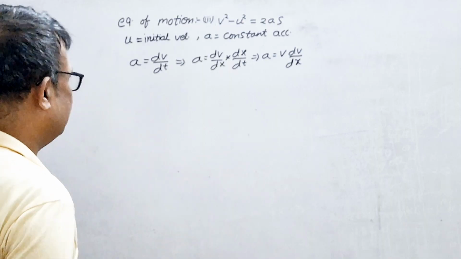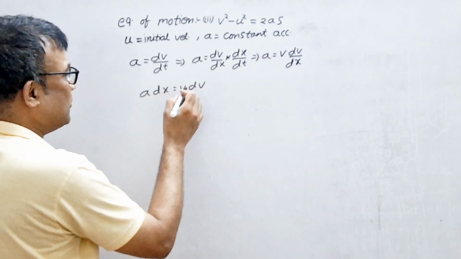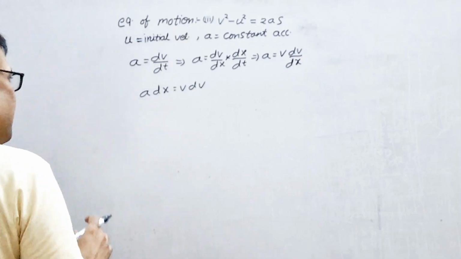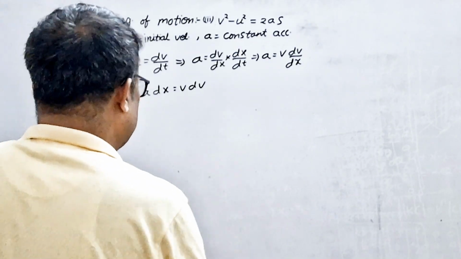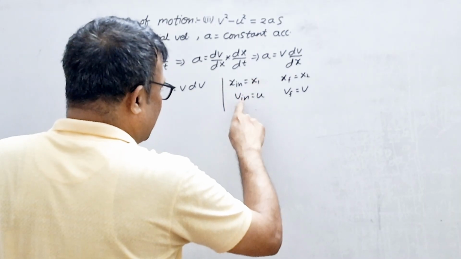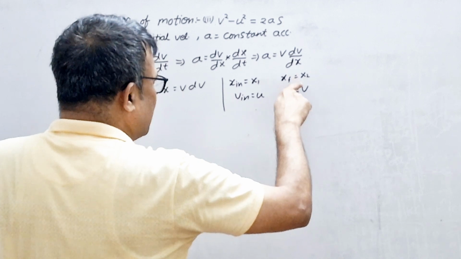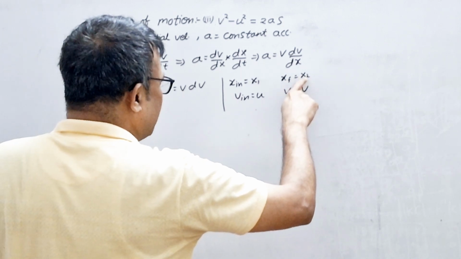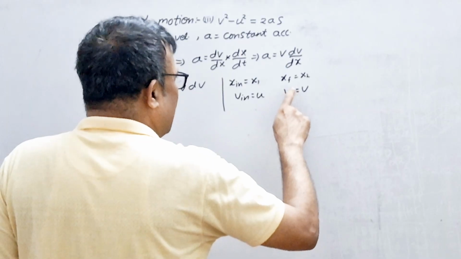See how. First we cross multiply dx, so the equation will become a dx equal to v dv. Now we integrate both sides with proper limit. For this we introduce proper limit first. Let the initial position of the object be x1, and at this position the initial velocity be u. Let the final position at later time t of the object be x2, and the velocity of the object at this point be v.